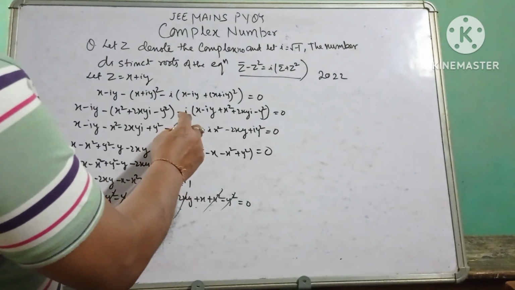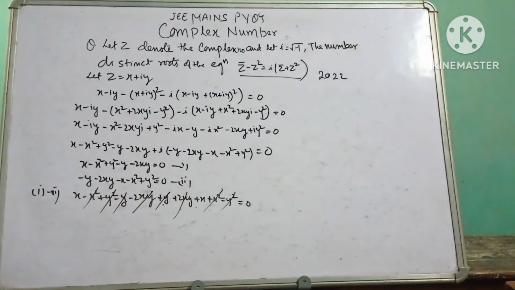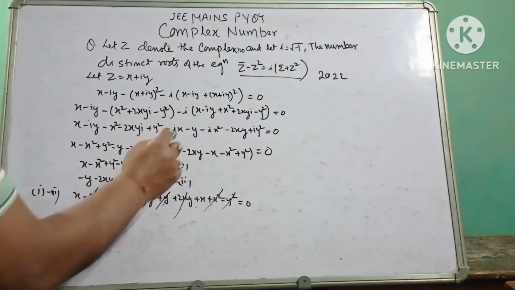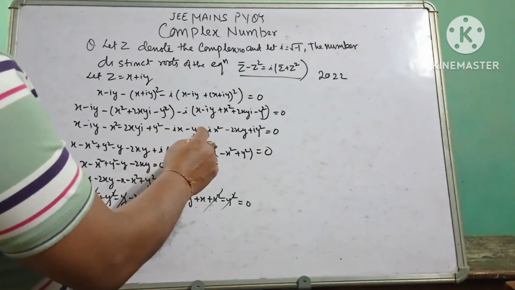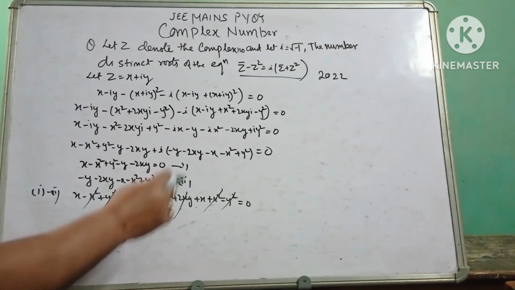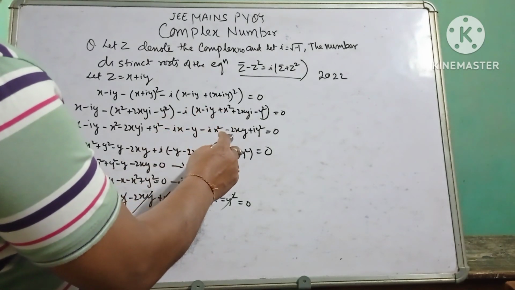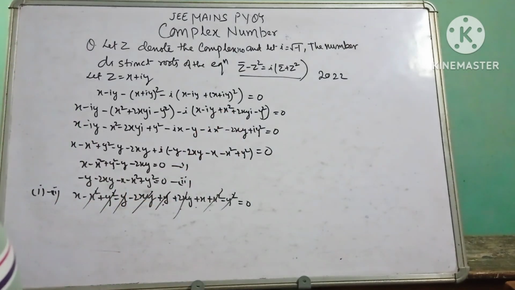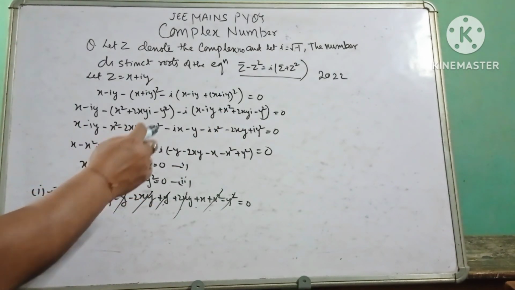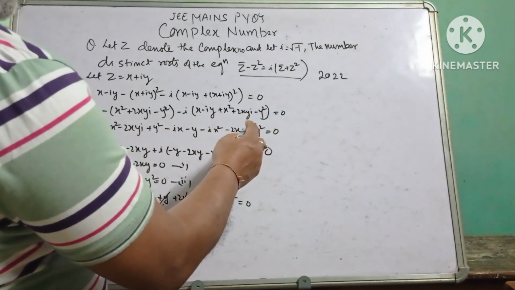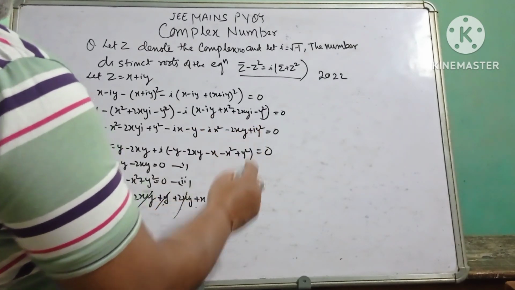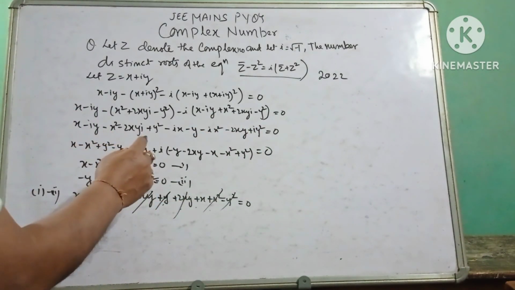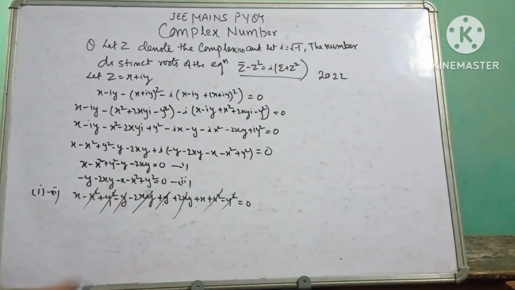Again here minus iota x, minus into minus plus i square means minus 1, minus y, this is minus iota x square, this is minus 2xy iota square, again minus 1, and this comes out to be plus iota y square. So these are the two equations.